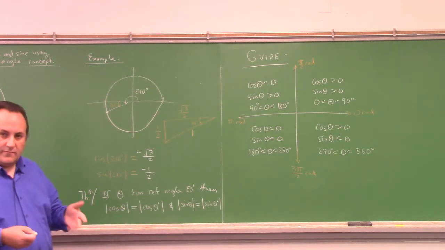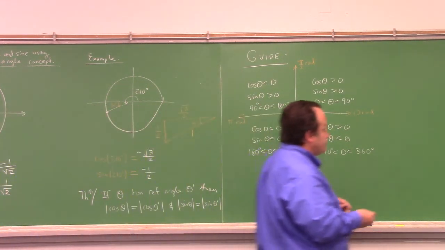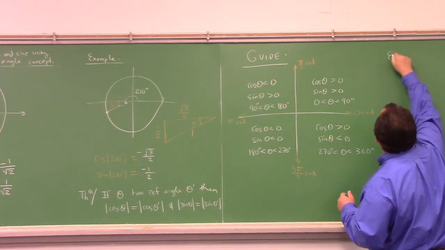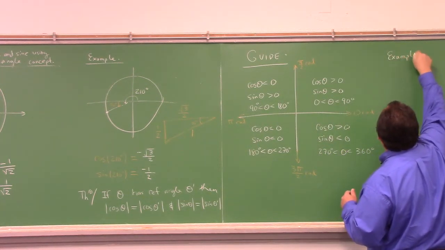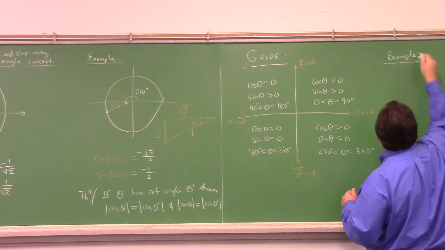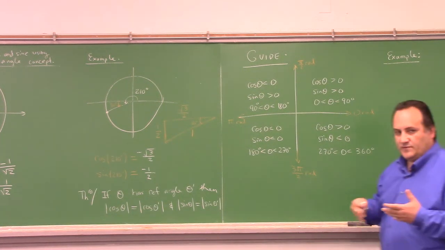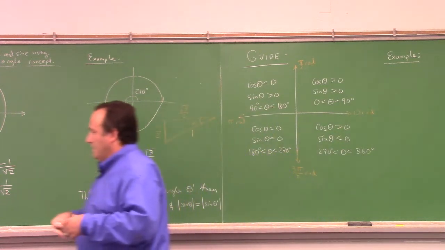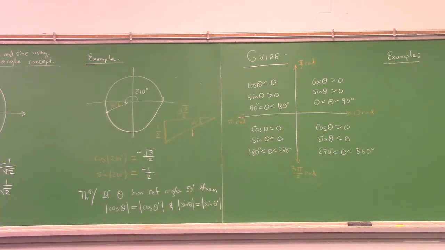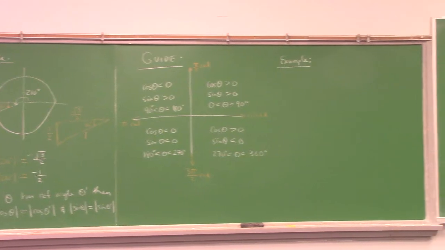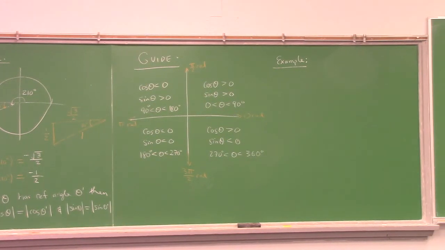Let's look at a different problem. We could keep playing this game, finding sine and cosine from reference angles, but I think I've shown you enough that you can work the homework problems like this, yeah? So my next example is a little bit different.